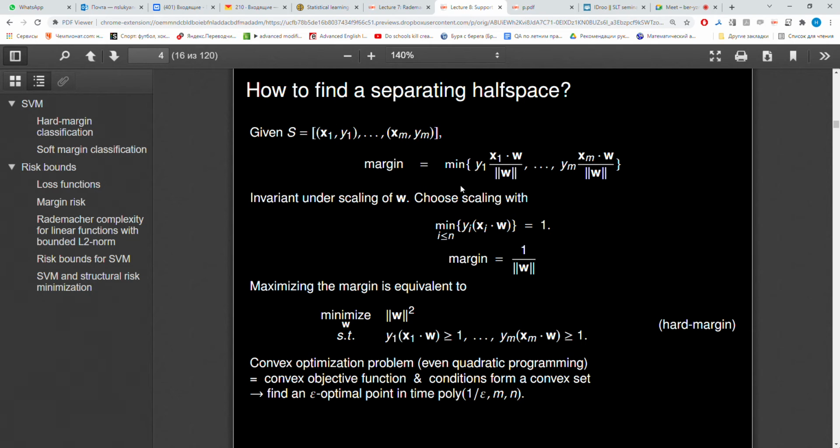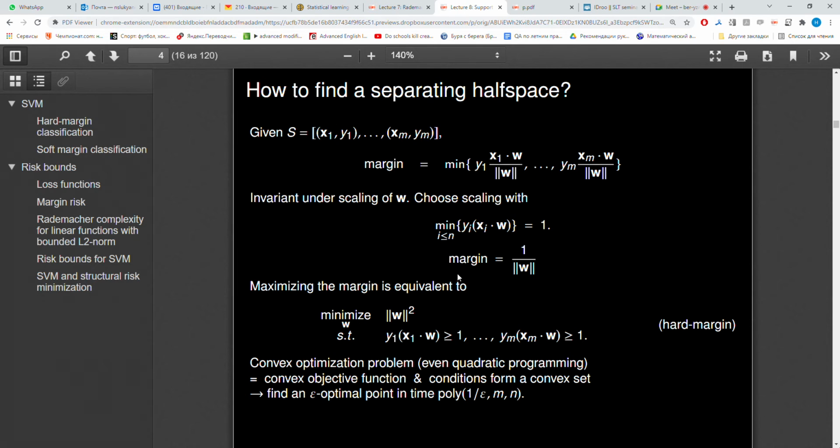We have some set or list of x with labels y, the pairs x, y are our usual training sample, and we want to find the minimum of this expression to find the margin, the distance which separates regions of pluses and of minuses.